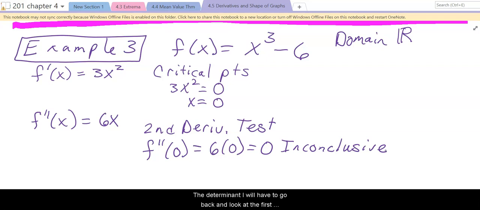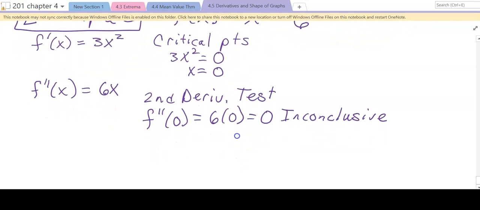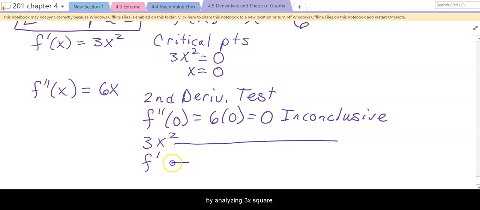To determine it, I will have to go back and look at the first derivative test. Since I only have one factor, I can look at the first derivative test by analyzing 3x squared. It only has one critical value at 0.